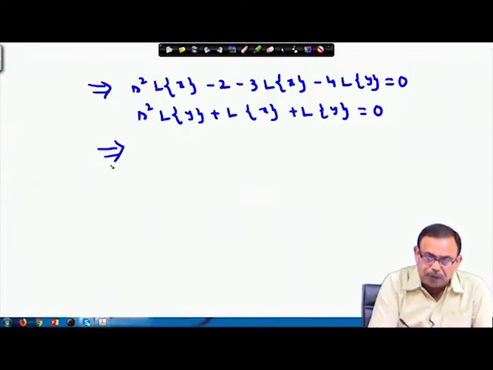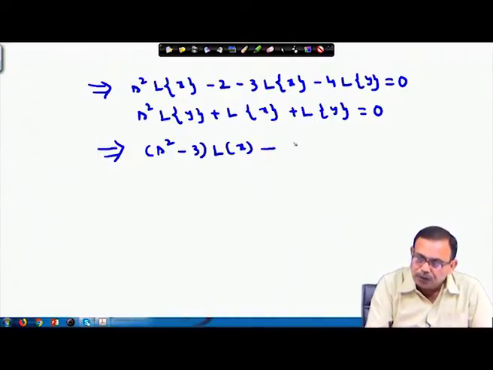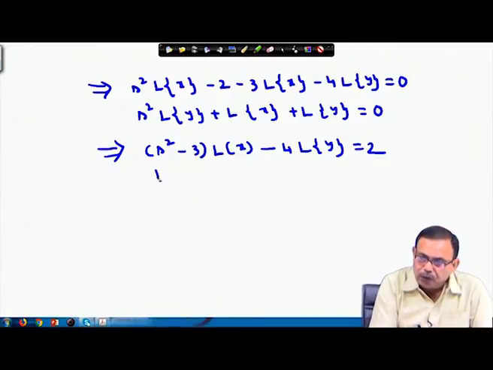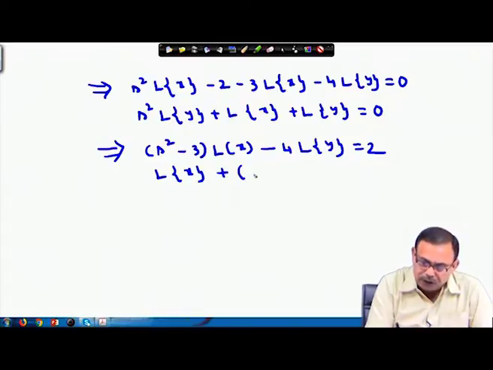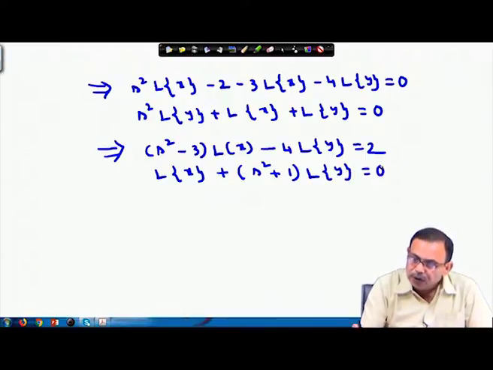So, if I simplify these two equations, I will obtain s square minus 3 into Laplace transform of x plus minus 4 into Laplace transform of y, this is equal to 2, the 2 will go on this side, and for this one Laplace transform of x plus s square plus 1 into Laplace transform of y, this is equal to 0.